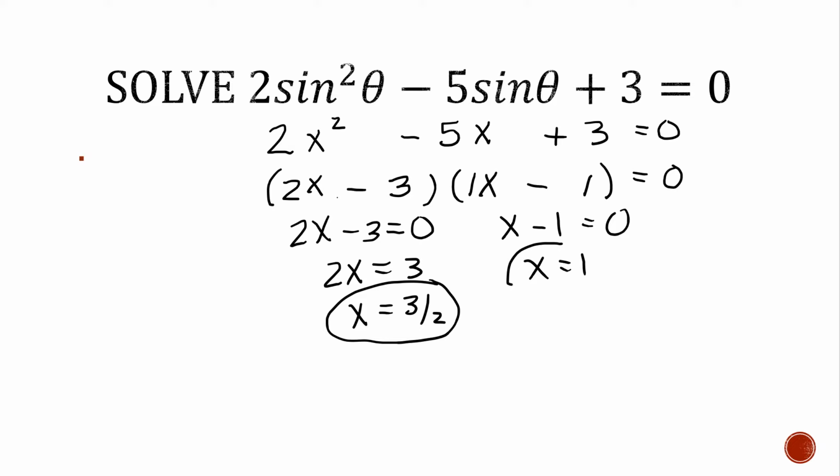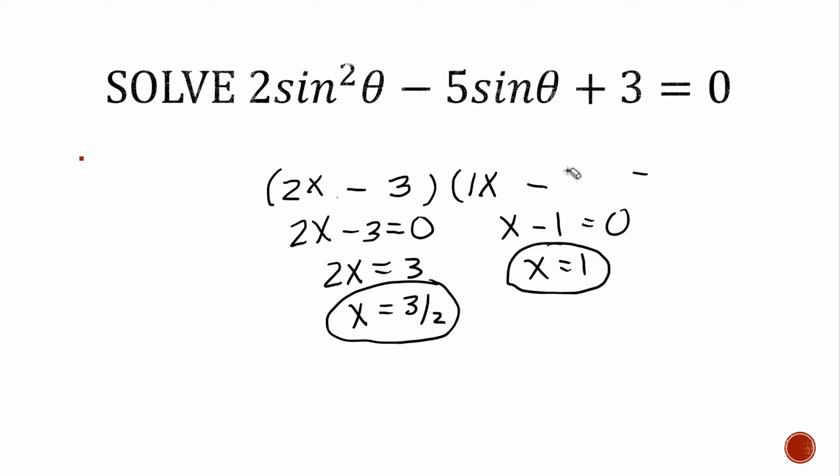Now again, I'm going through that rather quickly because that is the algebra and it is a review, but I just wanted you to kind of remember that's the approach that we're going to take with the quadratic equations. So now I'm going to erase that and we're going to go back and do this with the trig function. So instead of the x's, we're going to do it with the sine functions.